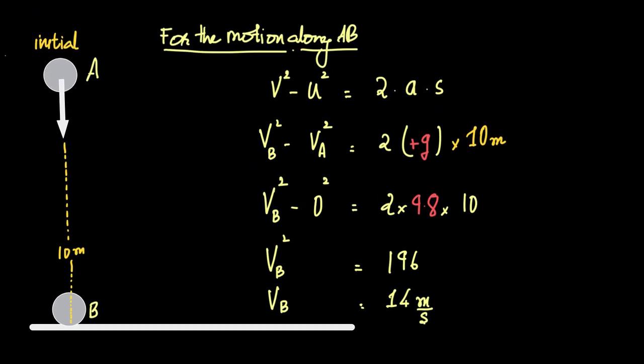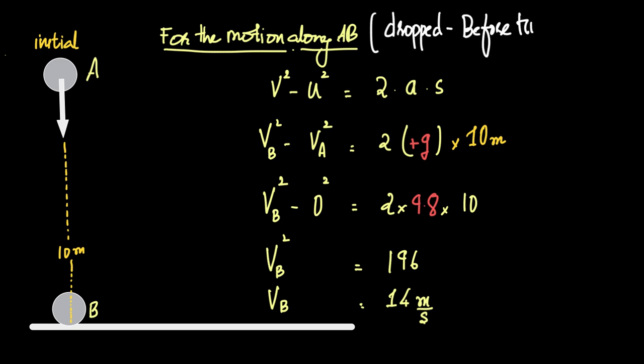Now, keeping that in mind, for the motion along AB, which means motion of the object being dropped till before hitting the ground. So A, B. We know the height is given to be 10 meter, so S is 10 meters. The initial direction of motion is downwards, and acceleration due to gravity is also acting downwards.